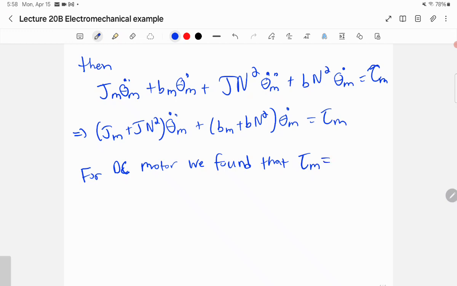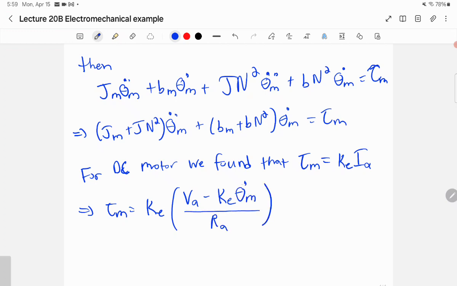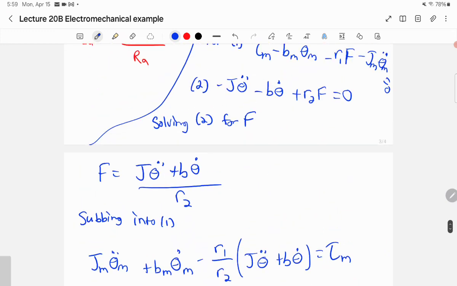The input here for a DC motor is equal to KE times I. And in this case, it's going to be times IA because that's our input current, the armature current. And this came from way back up here when we solved for the current.